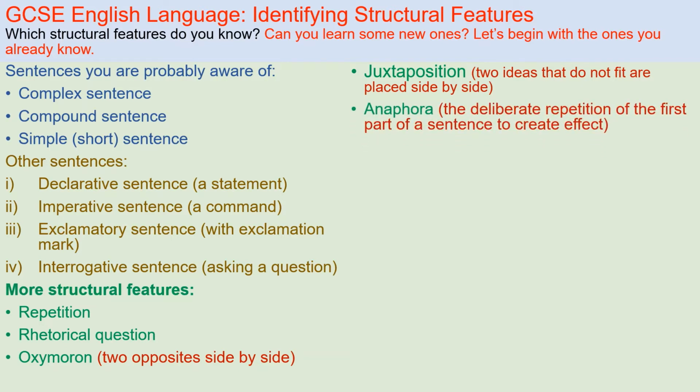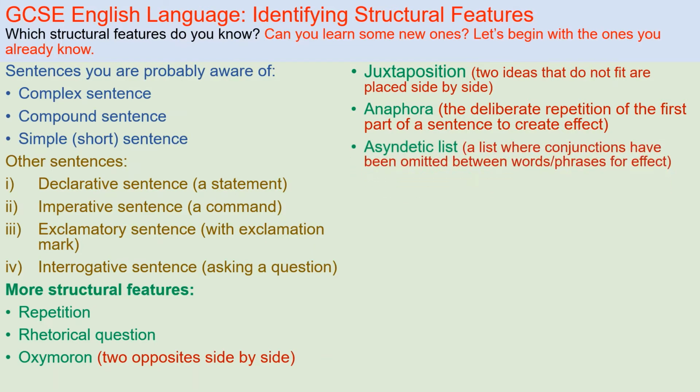Now, you probably have heard of this, or you might have not at all. Anaphora. It's a deliberate repetition of the first part of a sentence to create effect. We will see this in the text as we go along.